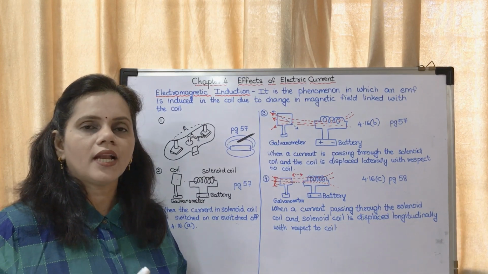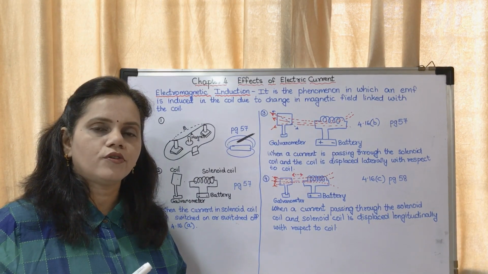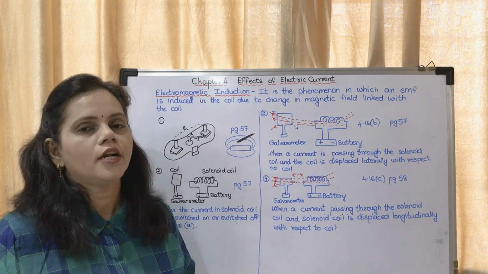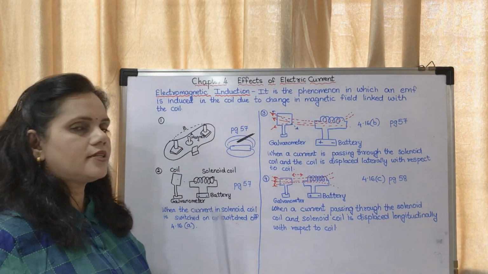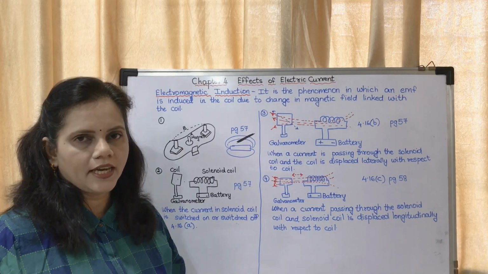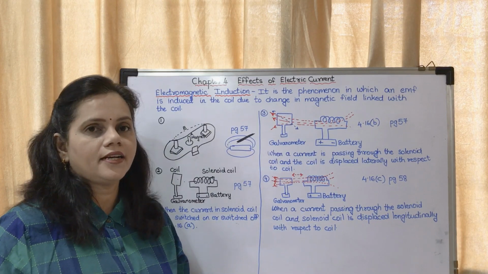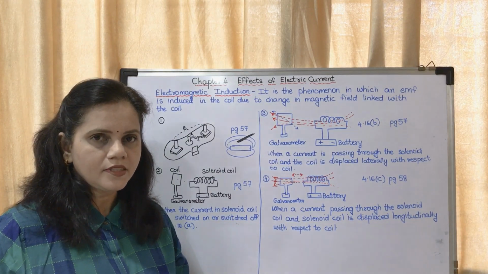So what will happen? The magnetic lines of force are getting cut, on, off, on, off, due to which the electrons in this coil get disturbed. They were sleeping till then. Now when there is a magnetic field, they arise.